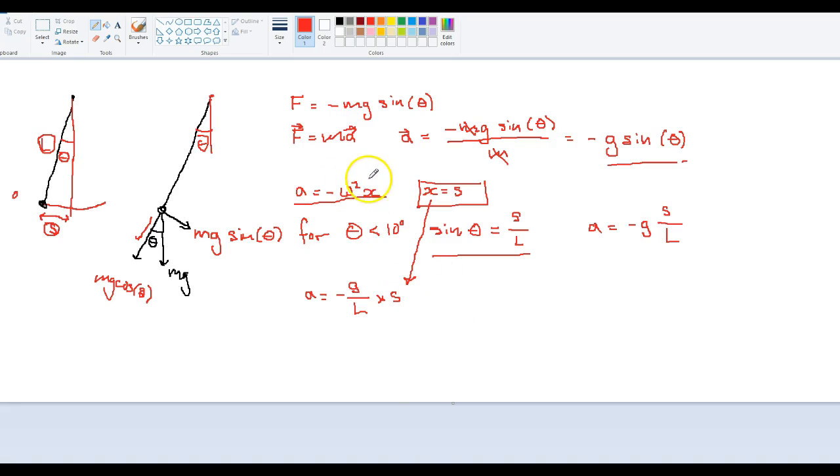And if we now just take into account this and this, we can re-express this and say that omega squared is equal to G over L. Well, this has interesting implications.